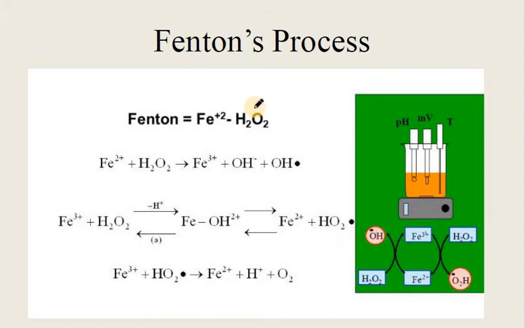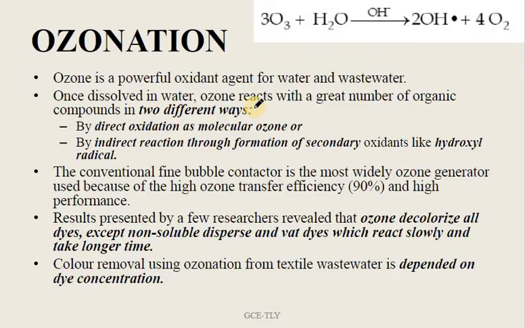So Fenton's reaction can be given like this. Fe2+ and hydrogen peroxide react to give Fe3+ ion plus OH- ion and OH radical. It exists as a reversible reaction, and this OH radical brings about the decomposition of the organic matter present.